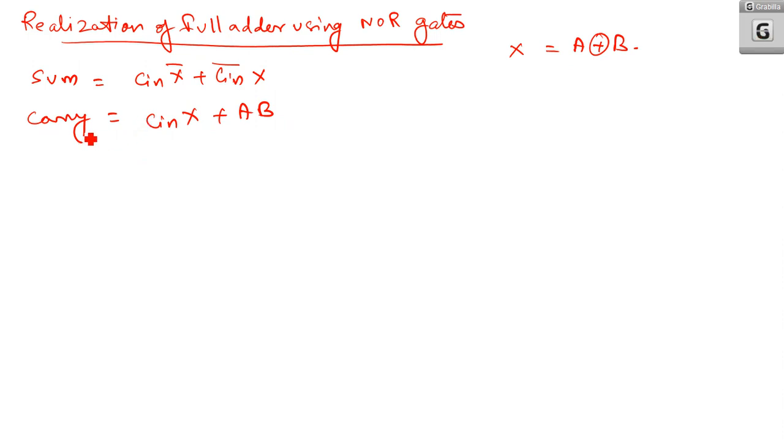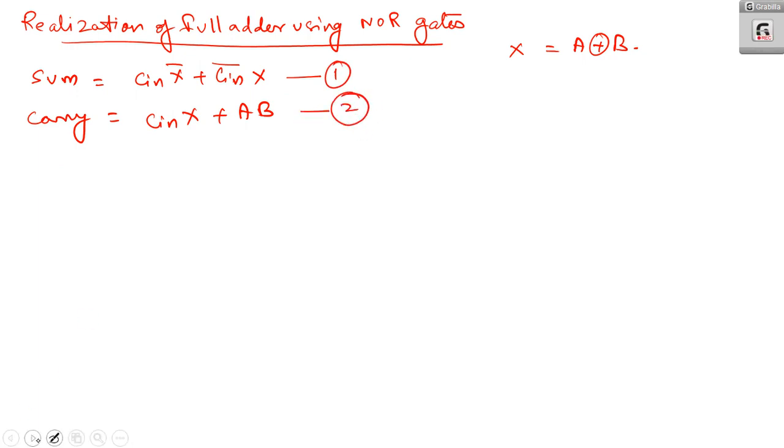Now let me come into the form of representation of these NOR gates. If you are going for this POS form of representation of sum, I am going to write this as expression number 1, and this is expression number 2.